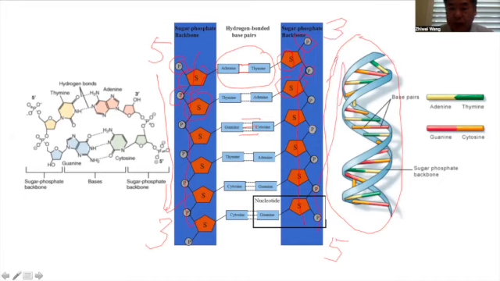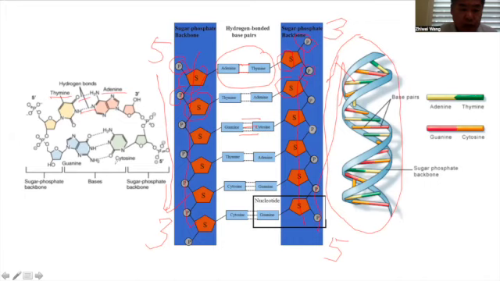Looking in more detail at where hydrogen bonds form: between adenine and thymine, the 2 hydrogen bonds form between oxygen and hydrogen, and nitrogen and hydrogen.